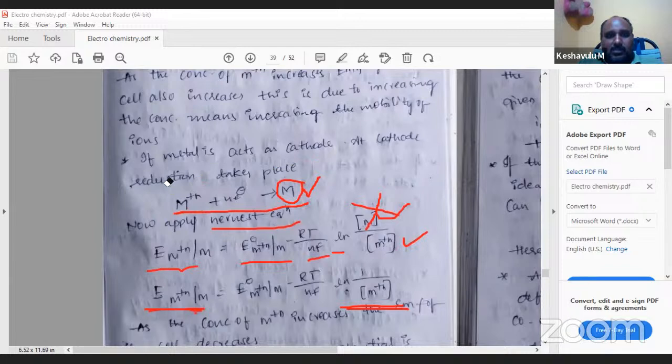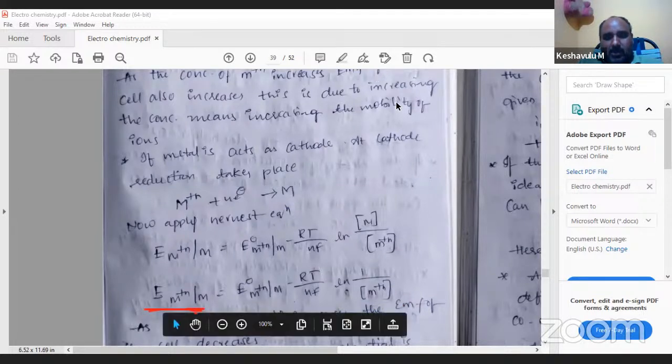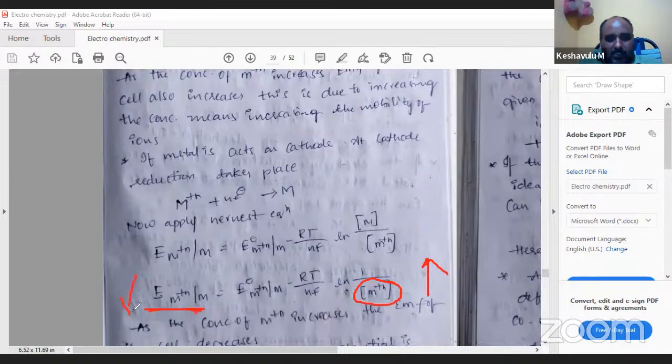When the reduction of the metal takes place, the EMF is inversely proportional to M^n+. So as the M^n+ concentration increases, since it is in the denominator, the EMF decreases.